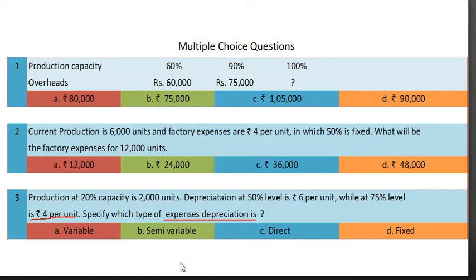Dear students, depreciation is always a fixed expense which remains constant at every level of production. Here our options are A, variable, B, semi-variable, C, direct and D, fixed. So our correct answer is option D, that is fixed expenses.